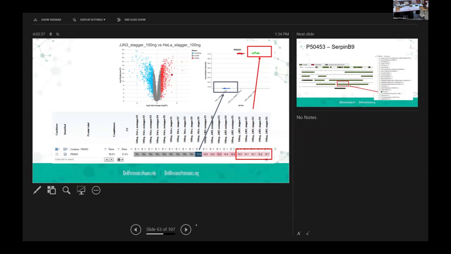So this particular guy here, you can see that we only got this thing measured one time in the HeLa experiment, but we got it measured a bunch of times in the JJN3 because it's much more abundant there.